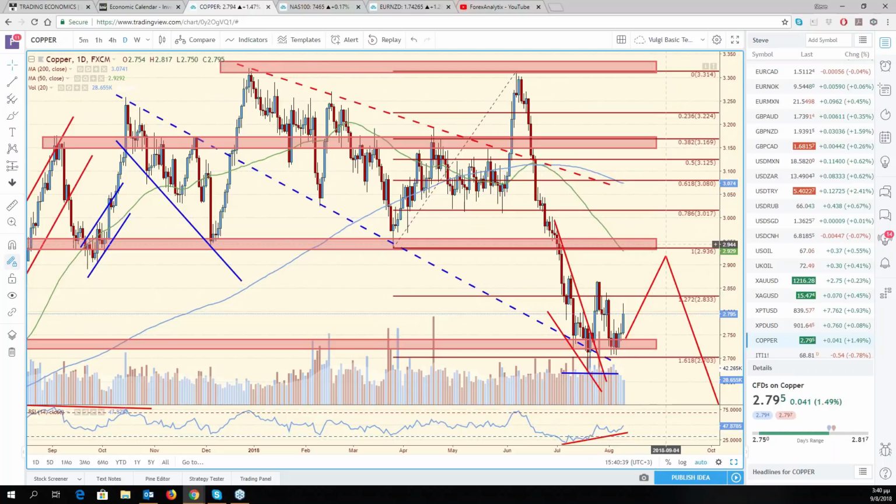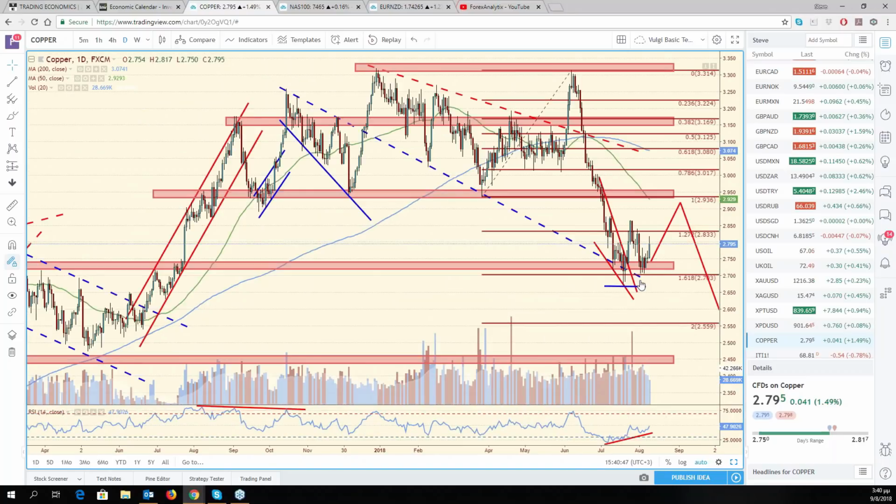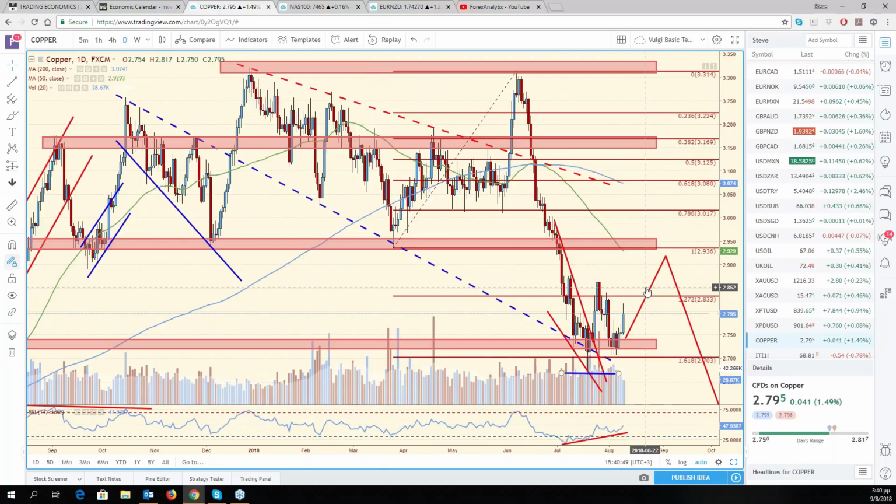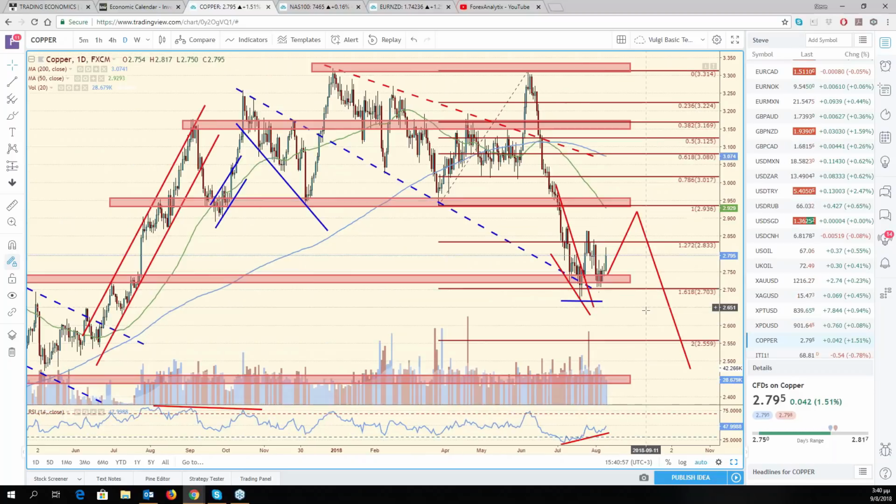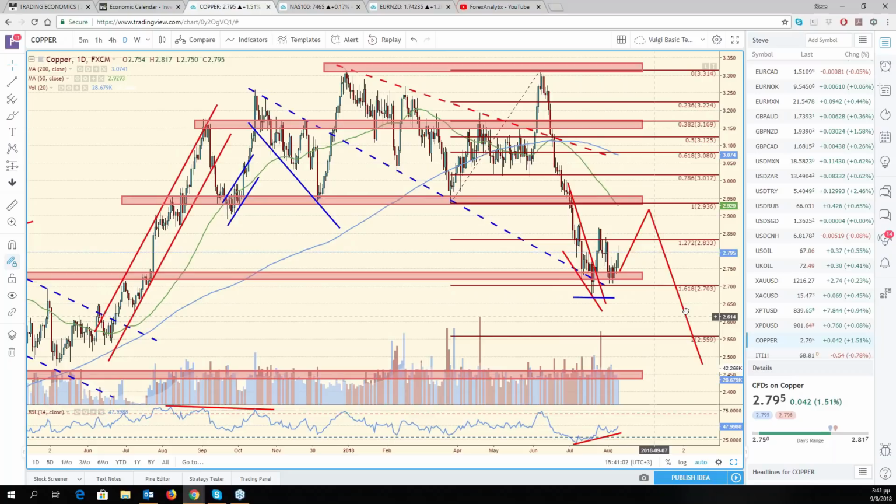So I think that copper can actually rebound higher, but I would be very, very skeptical. The closer we get to 294, the more skeptical I would be about trying to buy it, because I think that eventually it's going to roll over and fulfill the double top target, which is down at 256. So, this is my view on copper as well.